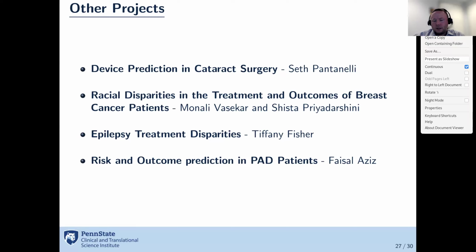We have another study looking at treatment disparities with device implantation for epilepsy patients. And finally, there's some ongoing research with Dr. Aziz centered around risk and outcome prediction for patients with peripheral artery disease.